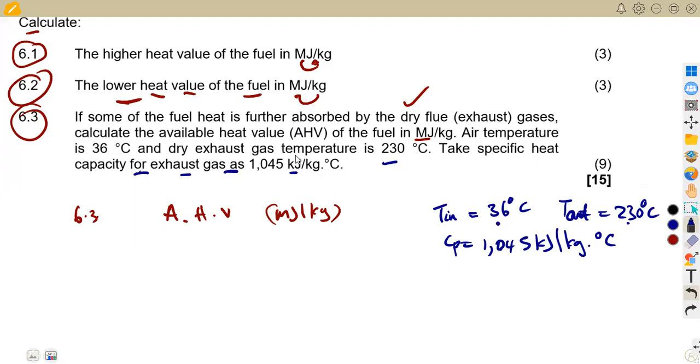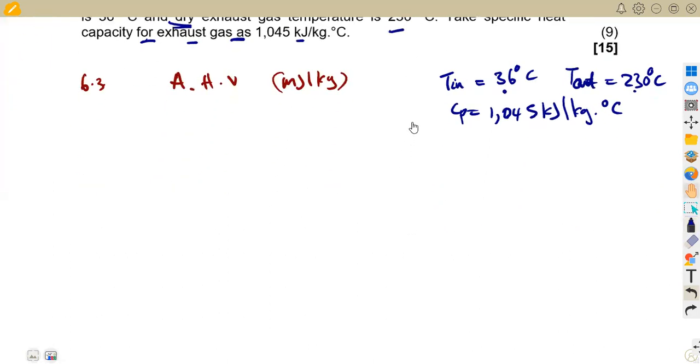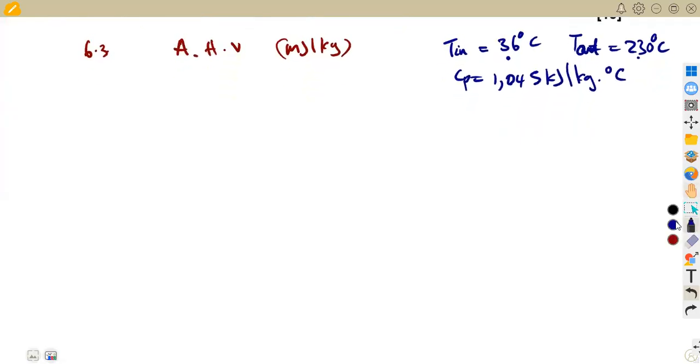So in actual, we are dealing with the products and the dry exhaust gas, meaning to say whatever that we are supposed to work with in this case is supposed to be from the dry products. In this case, we are supposed to be working with dry products. But is it affecting our available heat value?